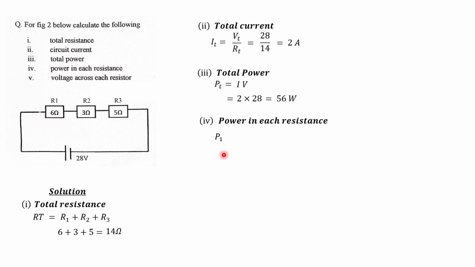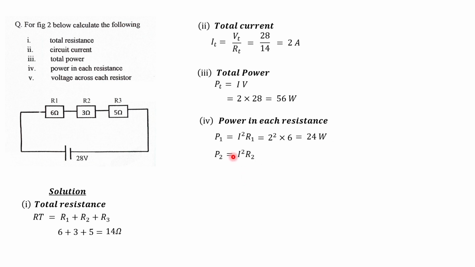So to calculate P1, that is the power across resistor R1, we use the formula I squared R1. This is equal to 2 squared times 6, which is equal to 24 watts. So P1 is 24 watts.